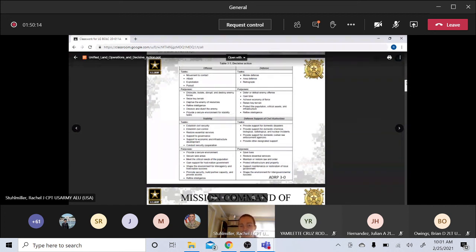I think that if you understand the task and purpose associated with each of these, and we highlighted when we were talking about offense, to defeat and destroy the enemy, it really helps you understand the definition of what they are. This also highlights the difference between stability and defense support of civil authorities when we get those questions.